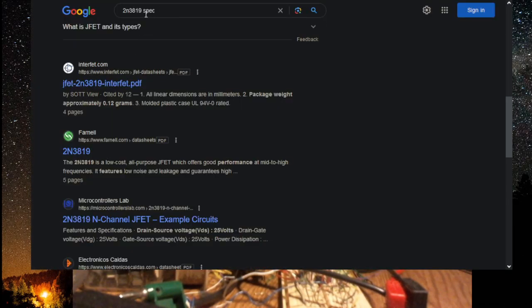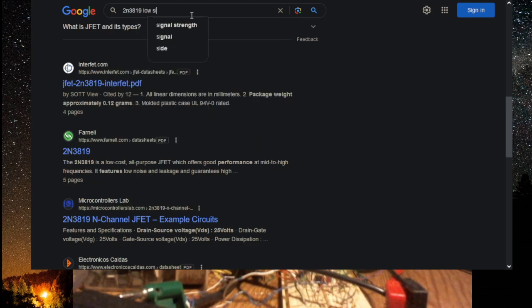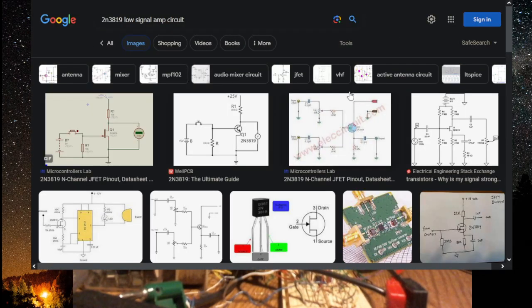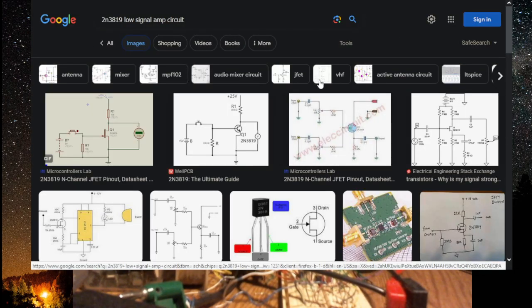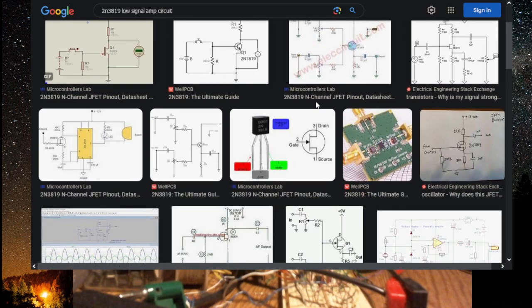Let's see here. Low signal amplifier circuit images. No, that's not the correct diagram for the 3819, because that looks like an NPN transistor and it's not. It has a little gate thing at the beginning here.